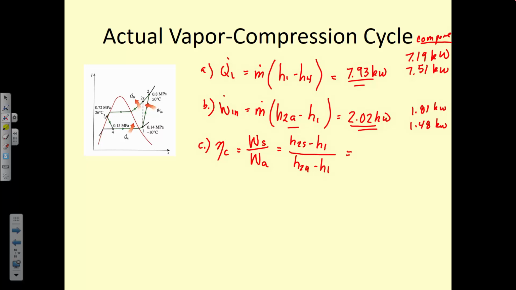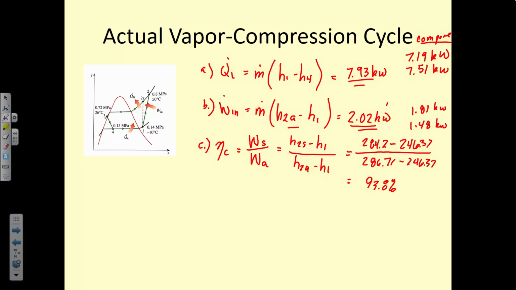Our isentropic work is equal to 286.71 minus 246.37. So our efficiency ends up being 93.8%.